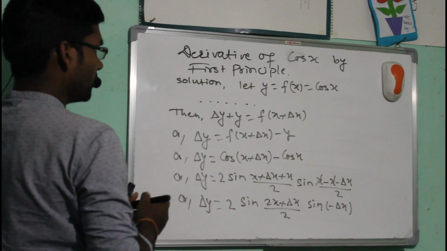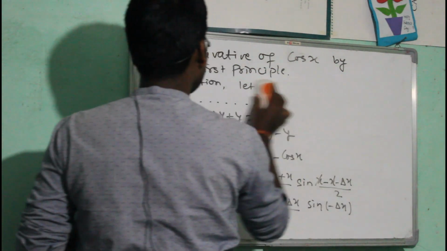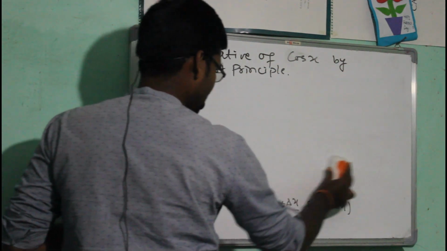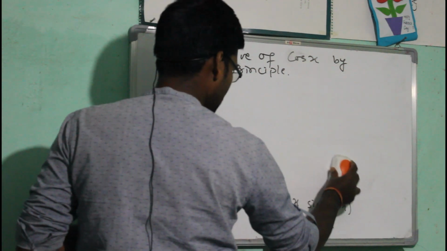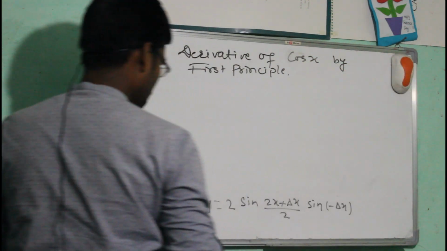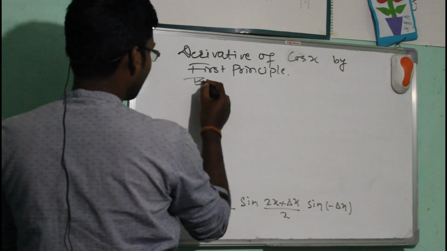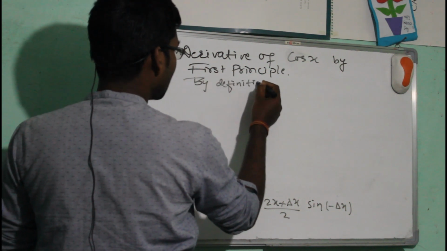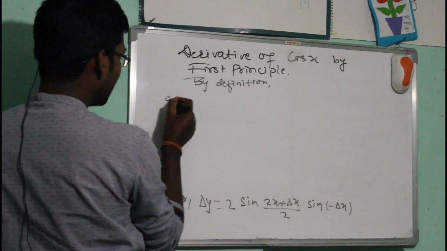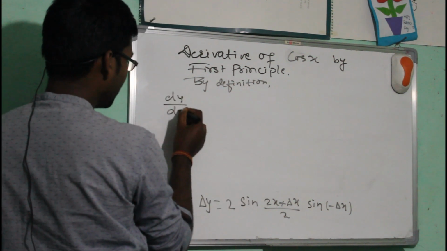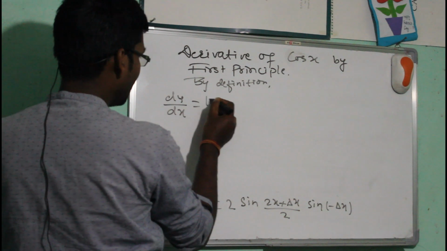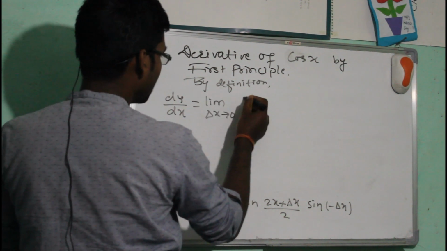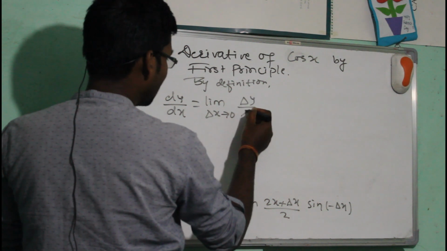Okay, so now after this, let me write here and solve it for you. So by definition we can write here the value of dy by dx equals how much? dy by dx equals limit delta x tends to 0 delta y by delta x.